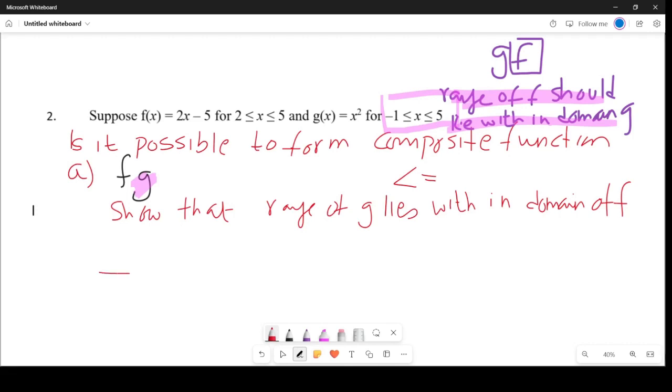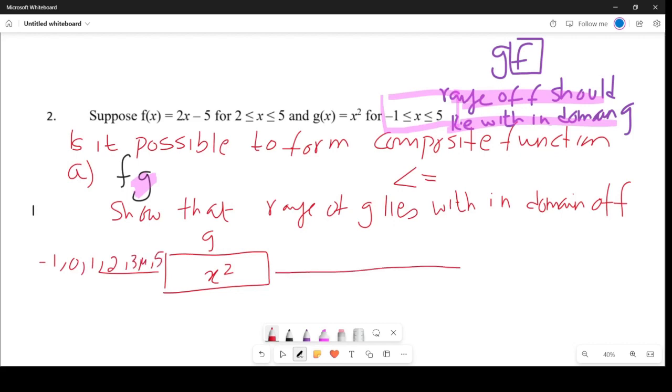So the inner function is g. Start with that. g is x square. Input for that is -1, 0, 1, 2, 3, 4, 5, and all the decimal values in between. So output for that would be -1 squared is 1, 0 squared is 0, 2 squared is 4, 9, 16, and 25.